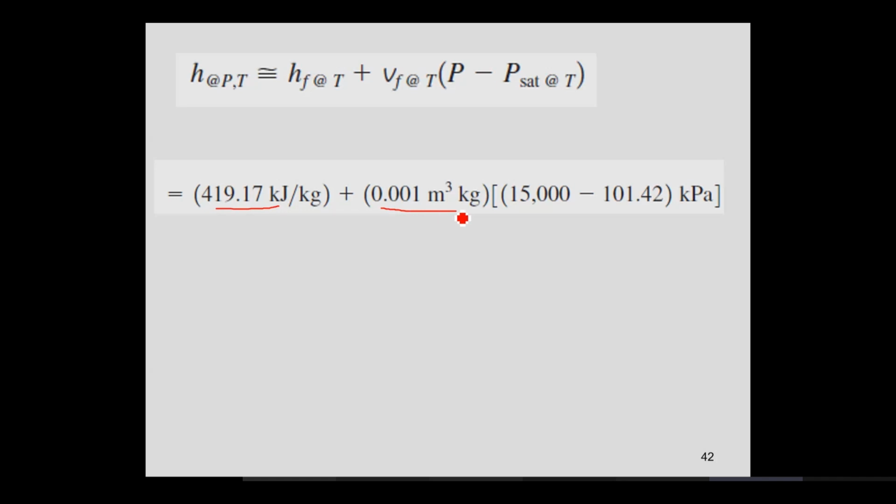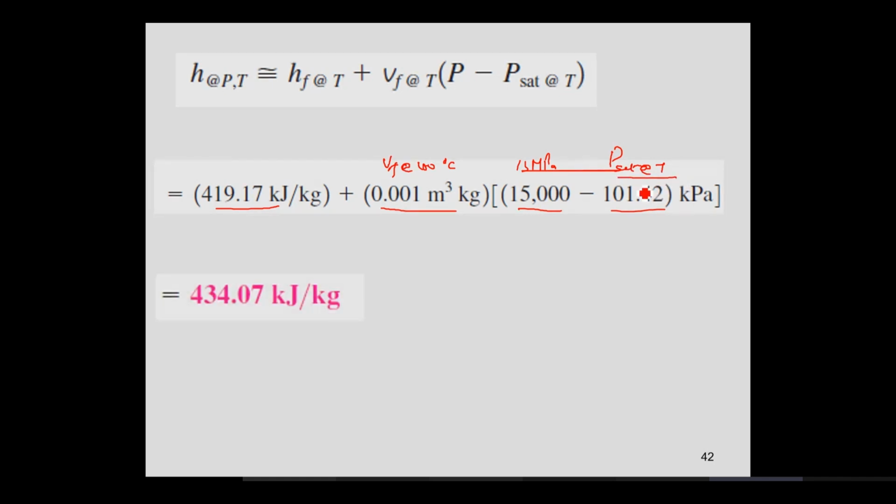This is the vf at 100 degrees centigrade saturation temperature. This is the pressure which is 15 megapascal given to you, and this is the pressure P at saturation temperature. So this is the saturation pressure at the given temperature.